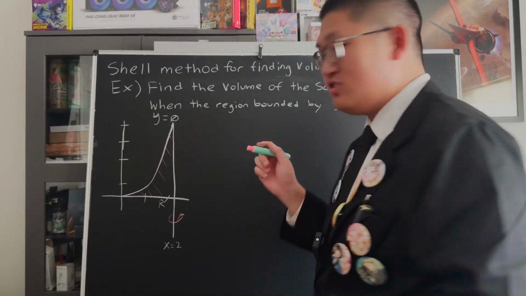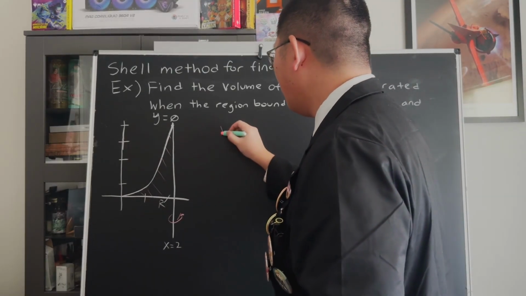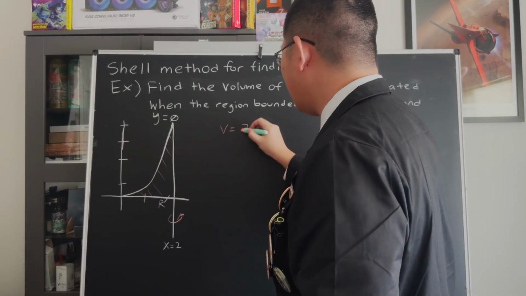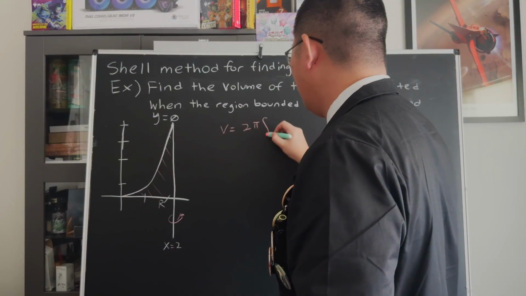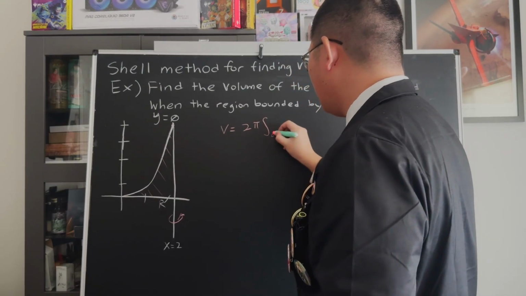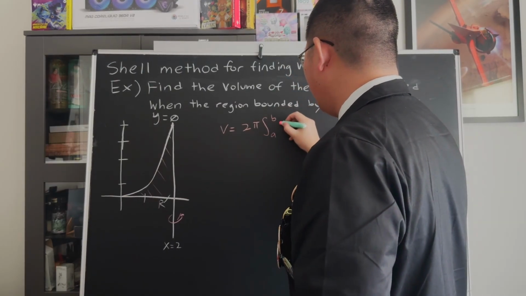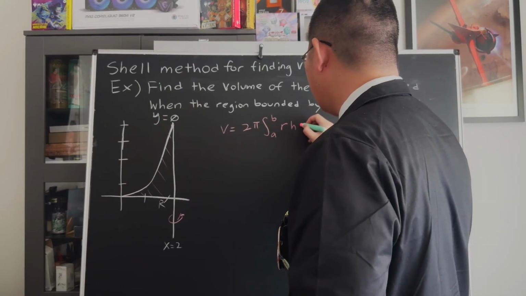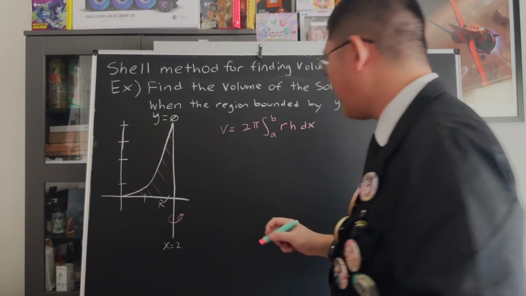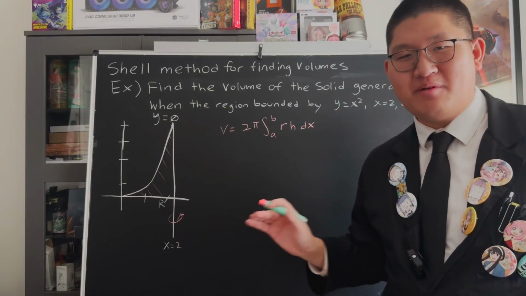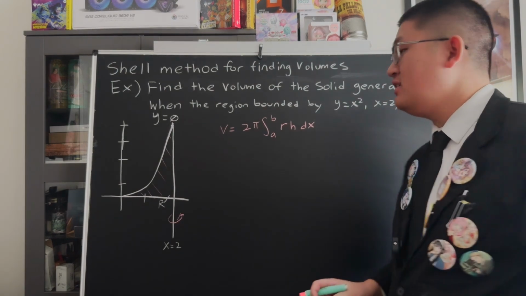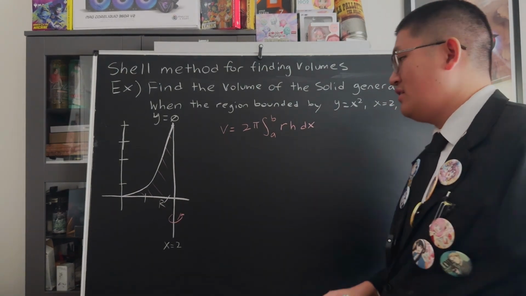And so, as a note, our volume is going to be defined as 2 pi times the integral going from a to b of the radius times the height dx. This is the generic form of finding any sort of shell for this type of volume.